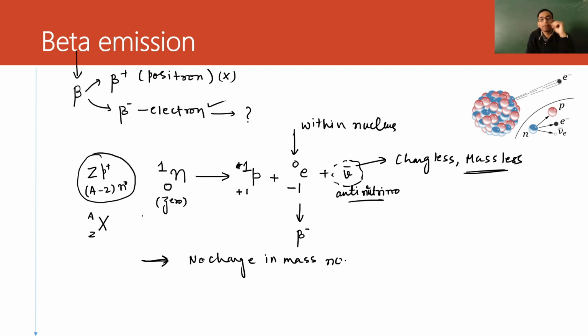I'm going to give you one example as well. Since there is one extra proton produced, the atomic number increases by 1. Let's write it down properly.